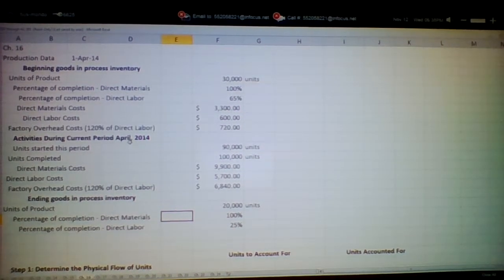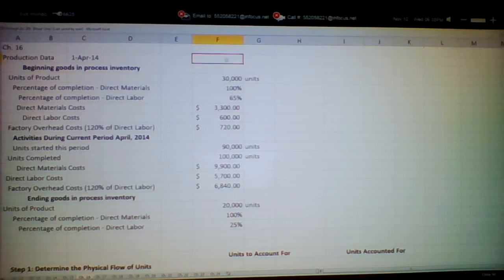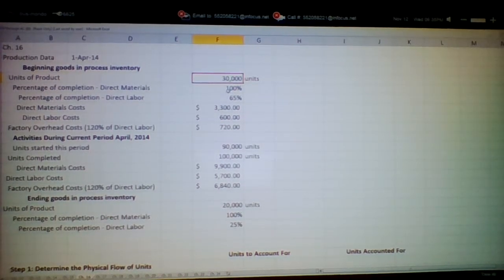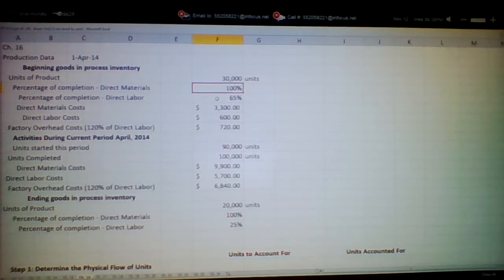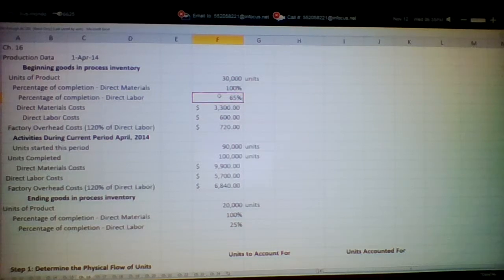All right, so we are assuming that at the beginning of the period, we had 30,000 units in our process inventory. So that's our work in process account, right there. All right. Our percentage of completion was 100% of the materials had been put into the product. So they're already assigned, taken out of the warehouse, and set up on the line. But only 65% of the labor is done.